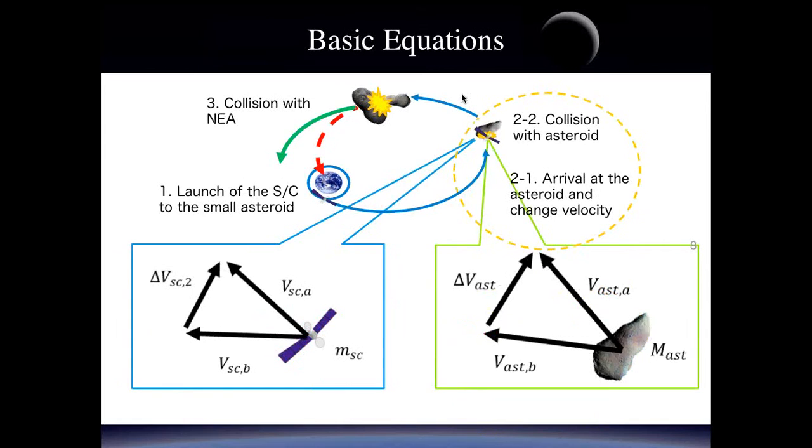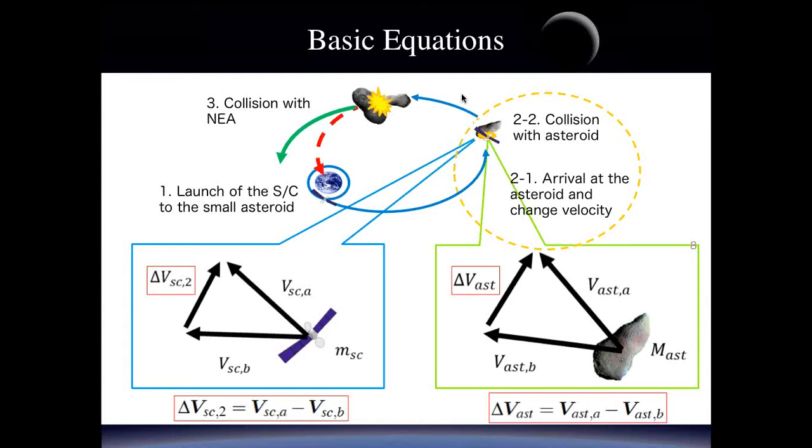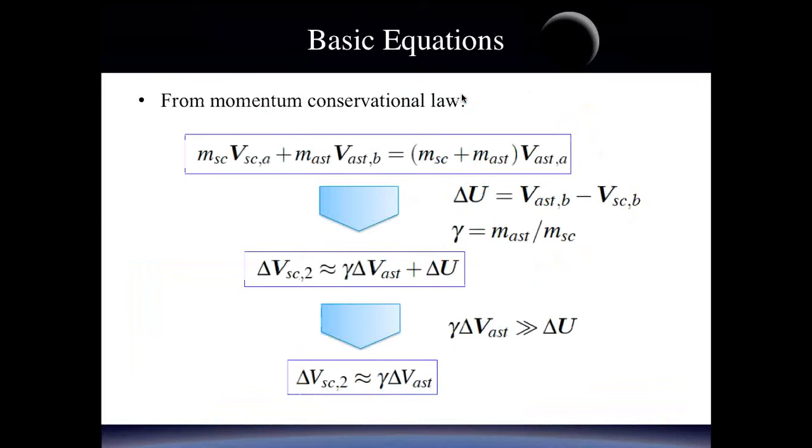And now I show you the basic equations. In the second phase, we can see that the velocity vectors before and after collision can be related like this for both the spacecraft and the asteroid.